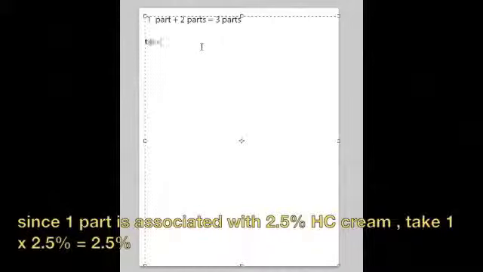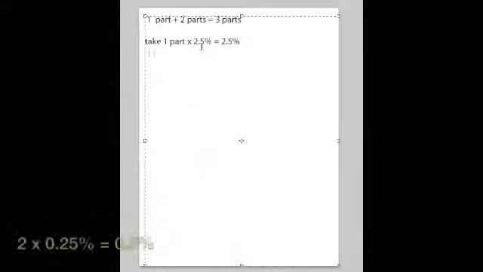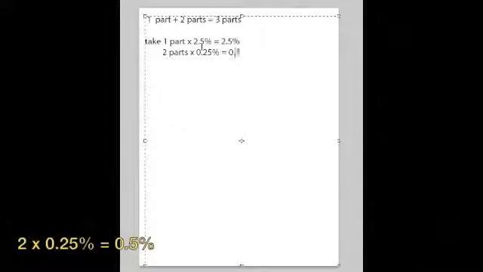Next up, since 1 part is associated with the 2.5% hydrocortisone cream, you just take 1 part and multiply by 2.5%, and that will equal 2.5%. Now take 2 parts and multiply that by the 0.25%, and that will equal 0.5%.